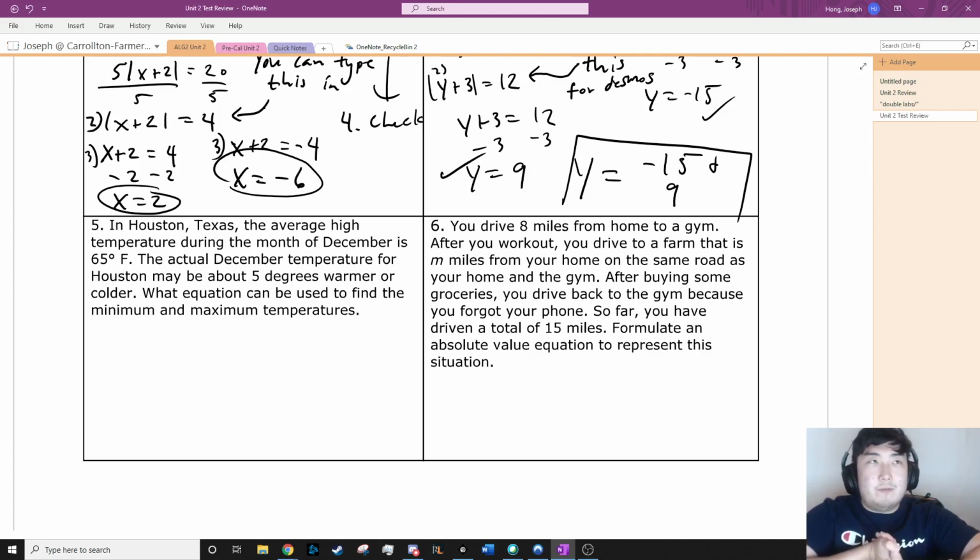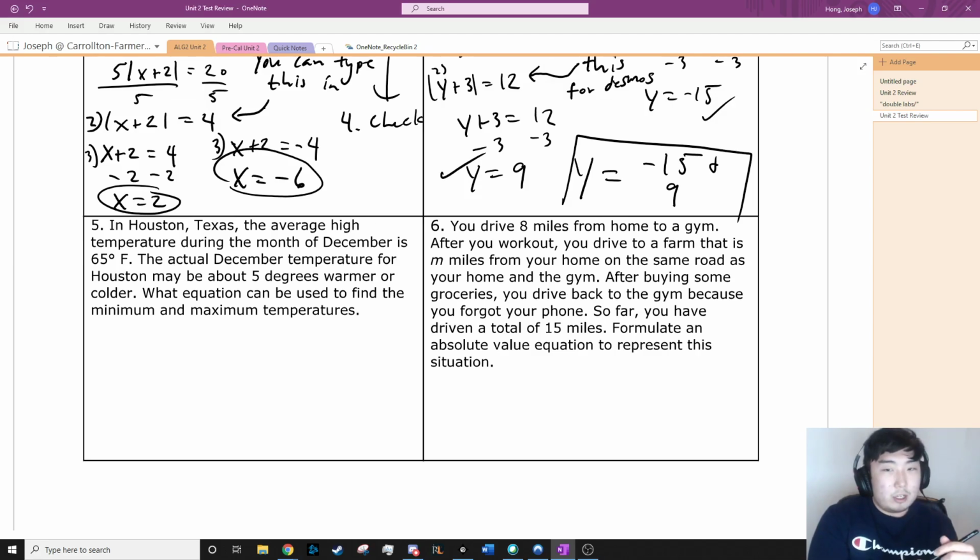Also note that from 2.1 we learned how to do the word problems. So let's read the question and then let's review a little bit and then I'll solve it. In Houston, Texas, the average high temperature during the month of December is 65 degrees. The actual December temperature for Houston may be about 5 degrees warmer or colder.